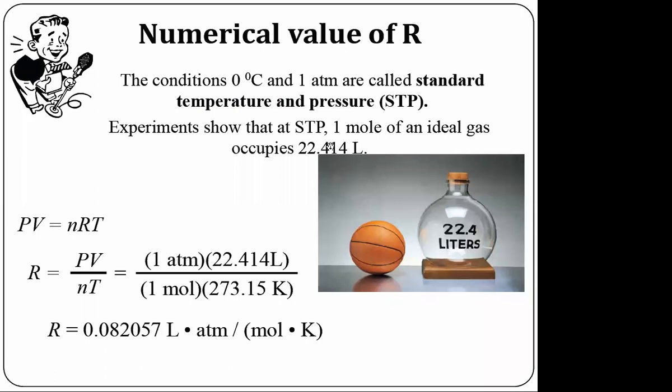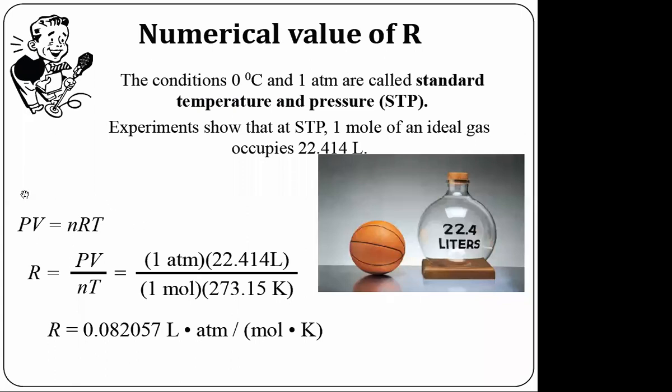You know that at STP, you have 22.414 liters as the standard volume. You have 1 mole as the standard number of moles. You have 0 degrees Celsius, which is 273.15 Kelvin, as the temperature. And you have 1 atmosphere as your pressure.